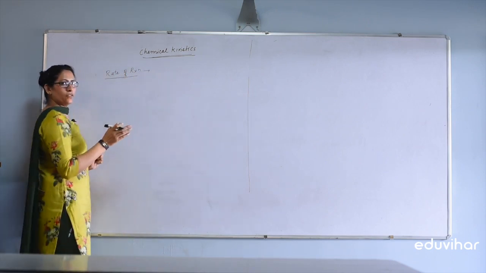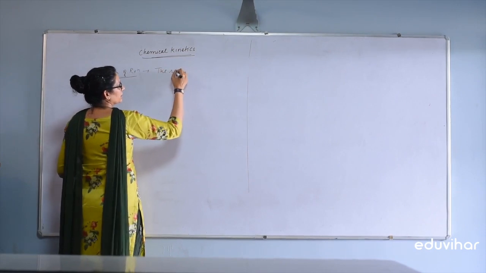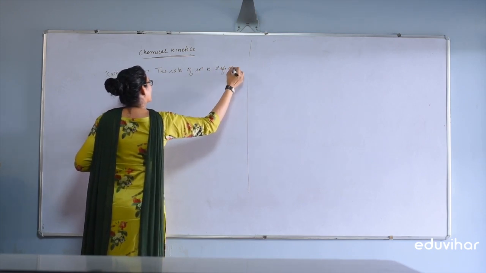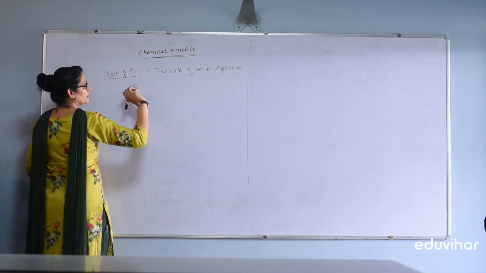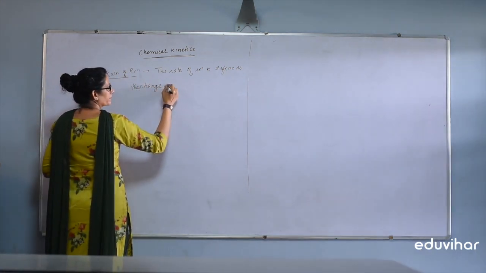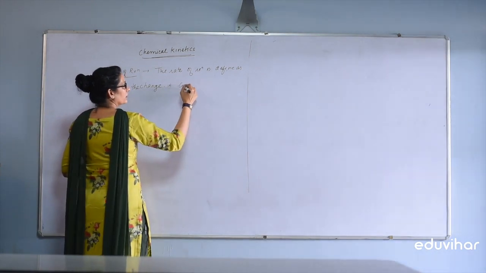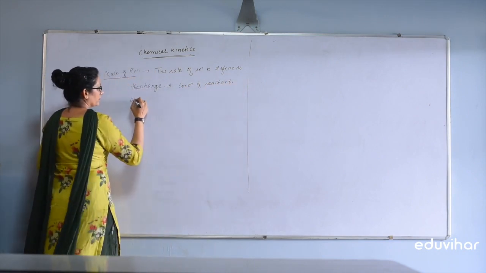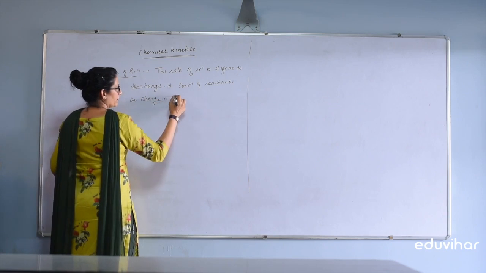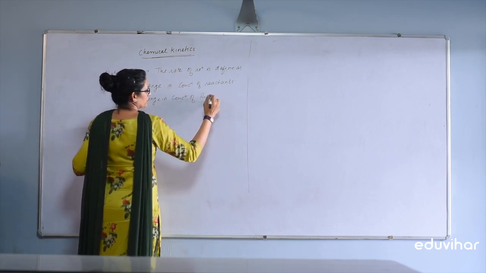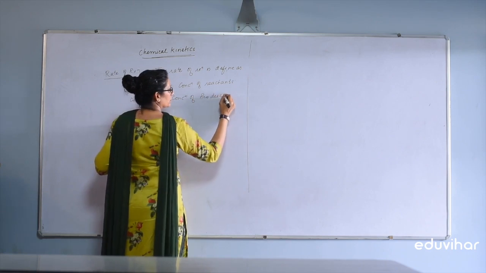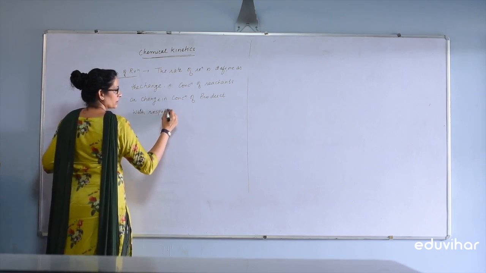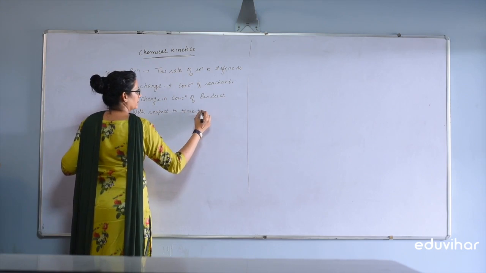So, the definition of rate of reaction: the rate of reaction is defined as the change in concentration of reactants or change in concentration of product with respect to time taken.